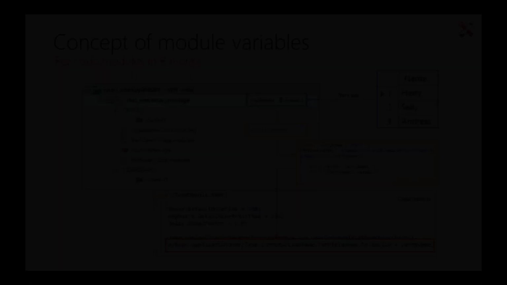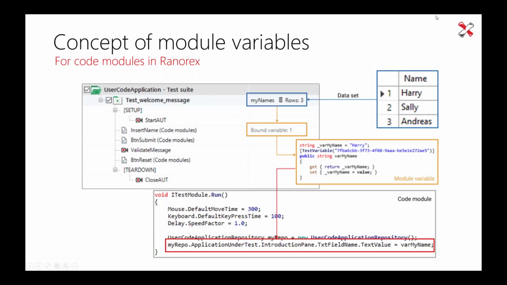So let me introduce you to the concept of so-called module variables. Whenever we have a regular variable outside in a user code, it's the concept of a module variable in here. So let's assume we have our test case here, and within the test case, we have defined a data source. And the data source contains a small table with different names to be inserted.